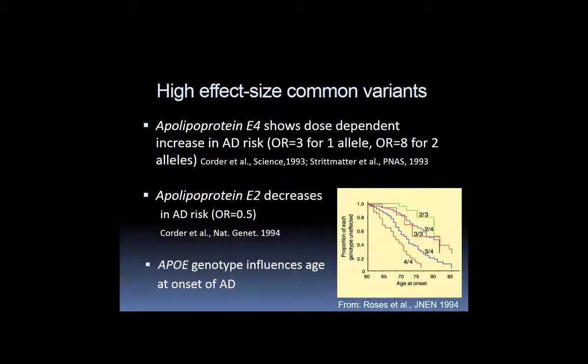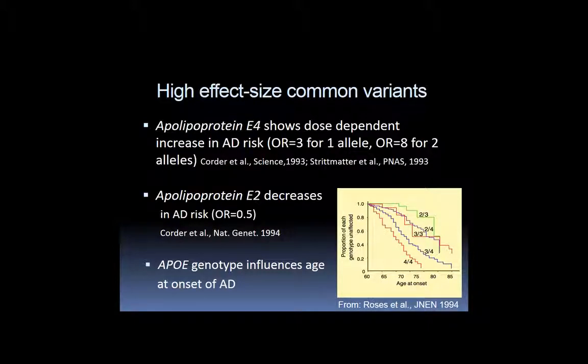At 60, pretty much everybody is unaffected regardless of genotype. But if you look at the 4/4s, in their data set, by the time you reach 75, 80, almost 100% of the 4/4s were affected. This is a very biased data set, I have to say. This is not population data.